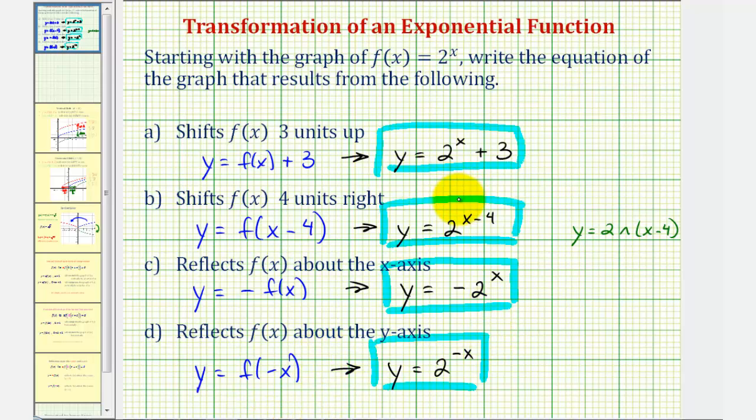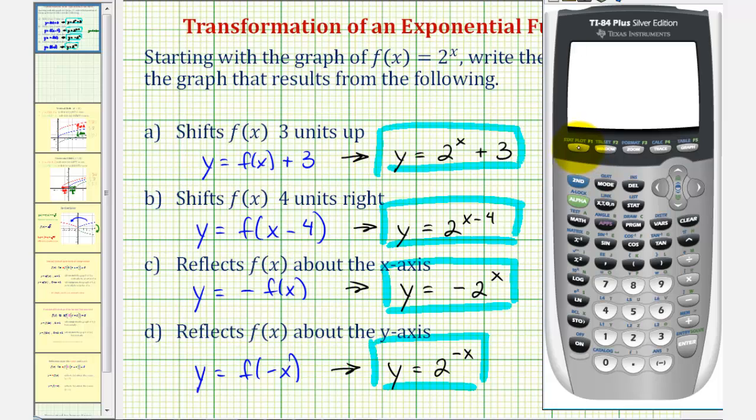Let's go ahead and check this on our graphing calculator. So we're going to press y equals. Let's enter the parent function or basic function into y1. So we'll press 2 raised to the power of x. Now we'll go to the far left by pressing the left arrow. Press enter once. Notice how this is going to graph our parent function bold or with a thick graph.